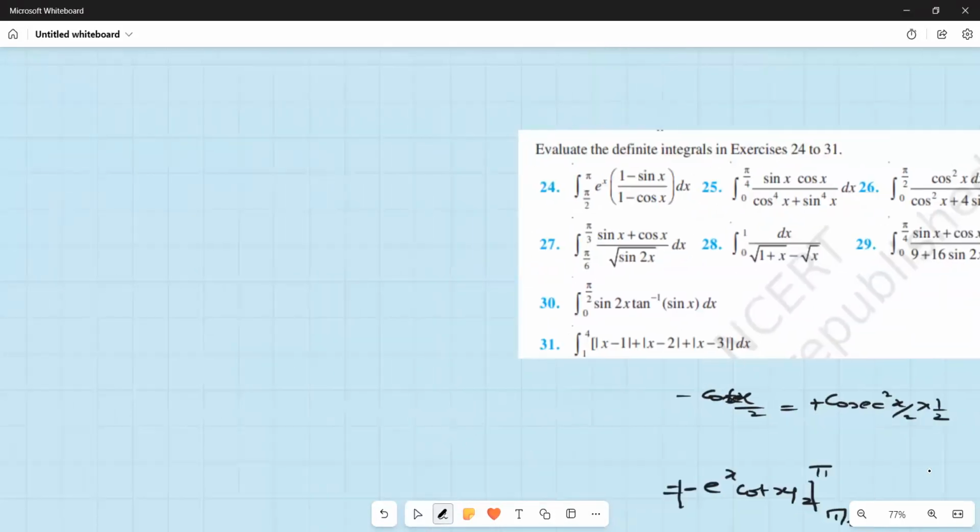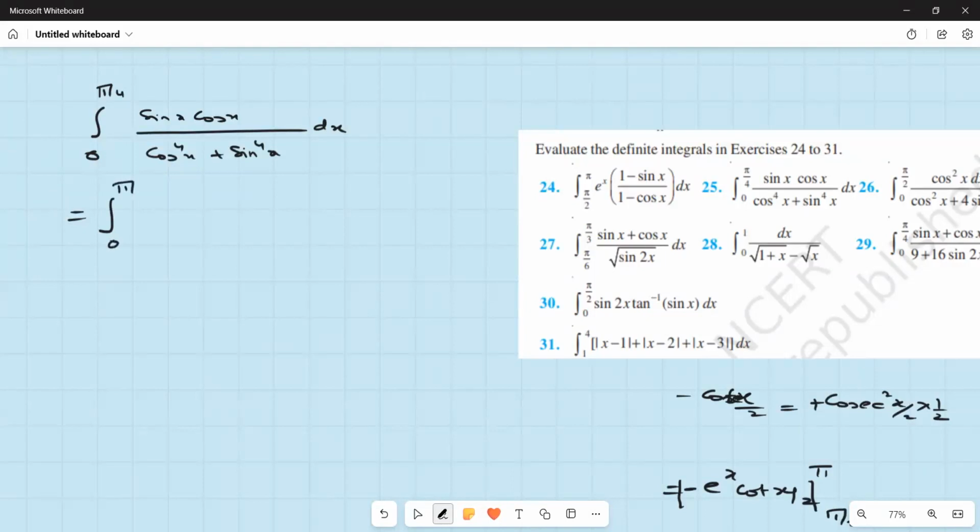The integral from 0 to pi by 4 of sin x cos x, in the denominator cos^4 x plus sin^4 x, dx. So let us divide this by cos^4 x. From 0 to pi by 4, sin x, one cos is gone, so this is cos cube x in the denominator.